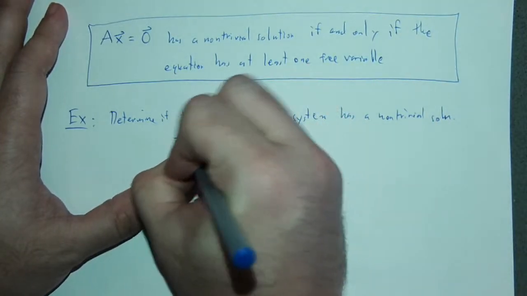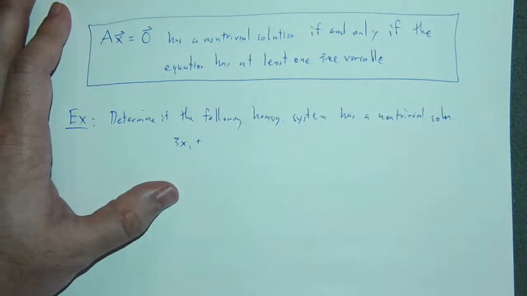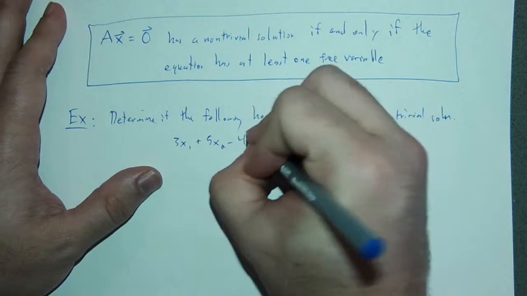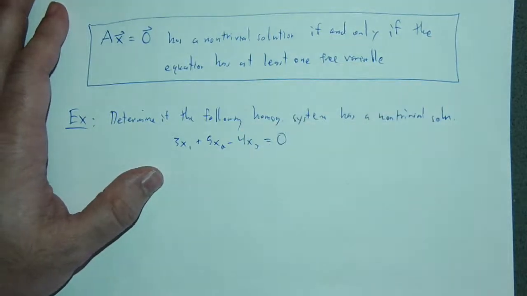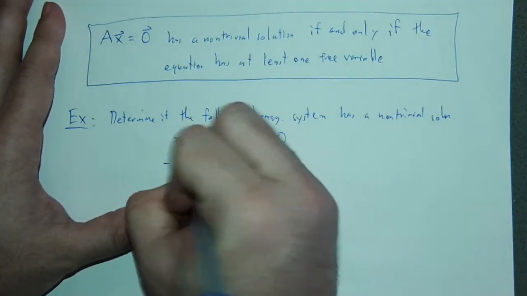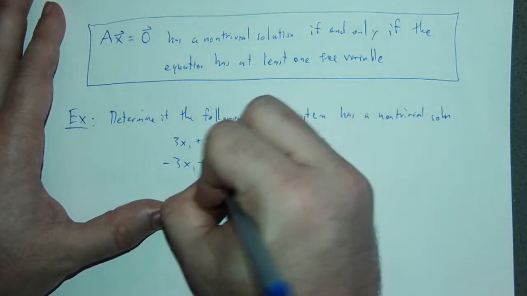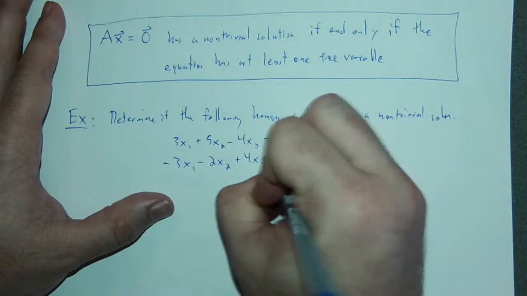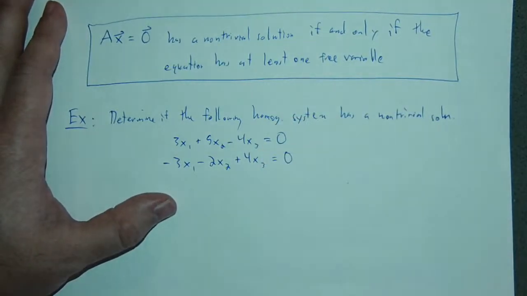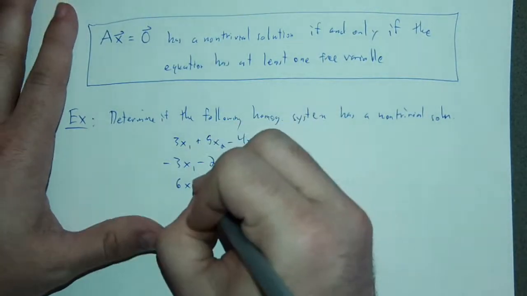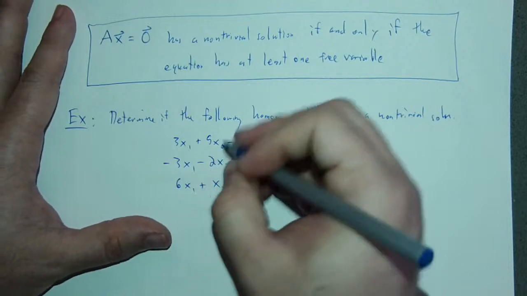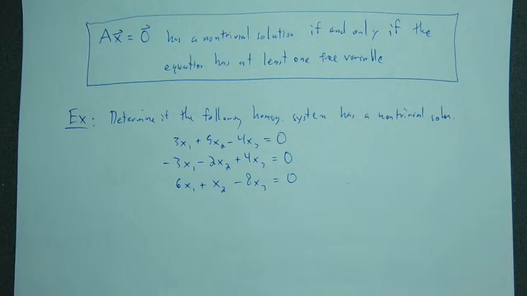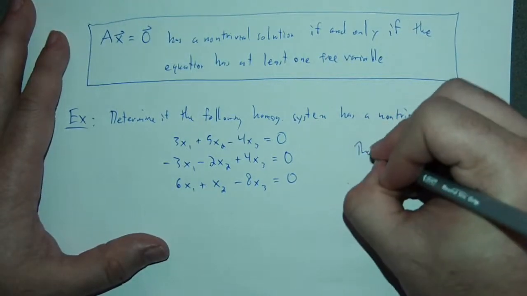This is 3 x sub 1 plus 5 x sub 2 minus 4 x sub 3 is equal to 0. And minus 3 x sub 1 minus 2 x sub 2 plus 4 x sub 3 is equal to 0. And 6 x sub 1 plus x sub 2 minus 8 x sub 3 is equal to 0. Then describe the solution set.